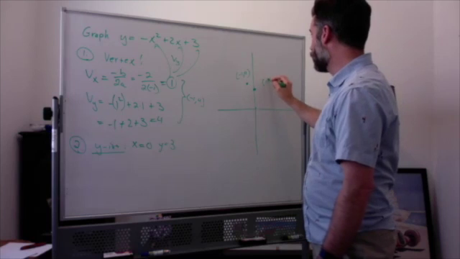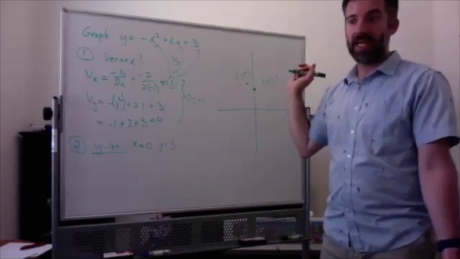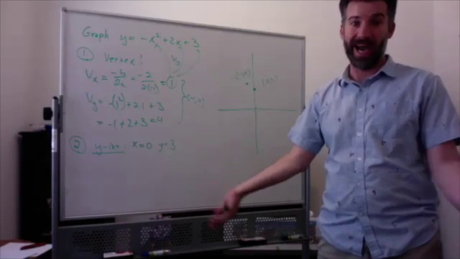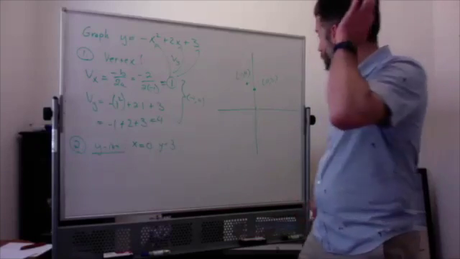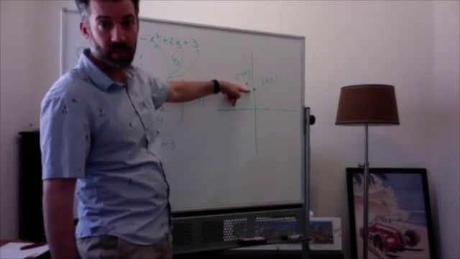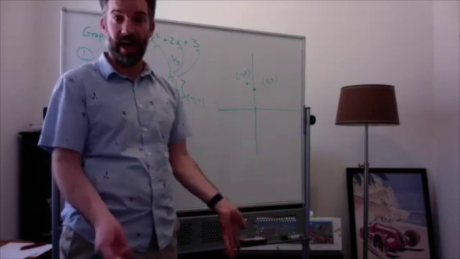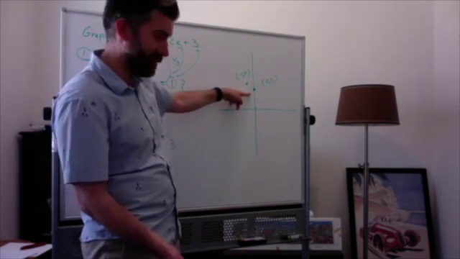It is really important that when you graph these points, you pay attention to which y value is larger, and you make sure that you plot that one higher. If you don't, it's going to be a problem. So I see that my vertex is higher than my y-intercept. So my vertex is the highest point, right? Because the vertex is either the highest or the lowest, and it can't be the lowest because that's lower.